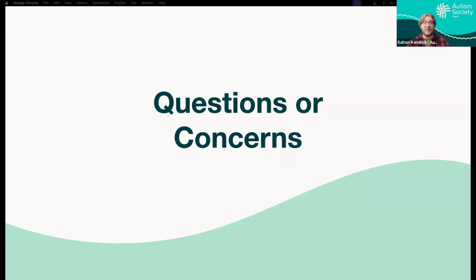Include how many people it'll impact. At the bottom, it's always helpful to put your contact information, like Dalton Kendrick with the Autism Society of Texas. Then in two weeks or a couple of days, call back and say, I dropped off this one-pager with information on this bill, and I'd just like to follow up and say thank you for meeting with me. Those are really helpful.